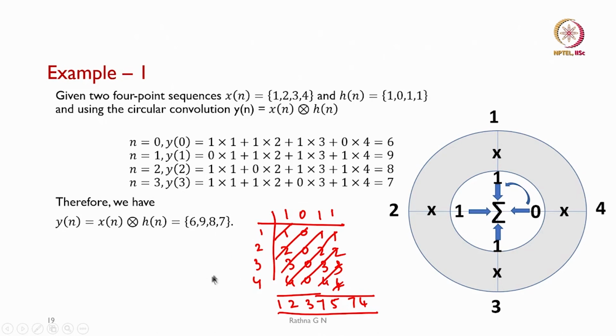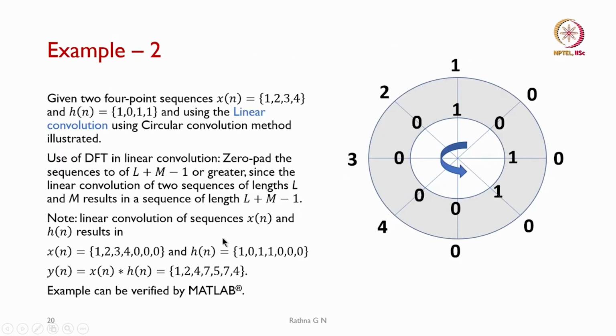Can I use this method to implement linear convolution? That is what we will check in the next slide. For linear convolution using circular convolution, we have to zero pad to L plus M minus 1, which is the length of the sequence that the result is going to be.